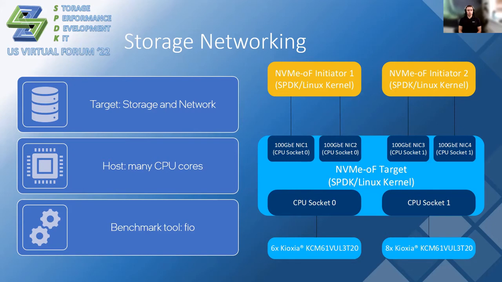And currently, in total, between target and initiator systems, we have a 400 gigabit link available. Our tool of choice for benchmarking NVMe over Fabrics is FIO, because like I said before, with plugins, it can be used both for testing SPDK and kernel initiators, and that allows us for easy comparison between them.